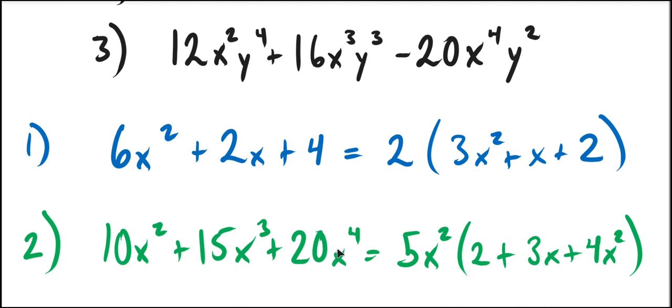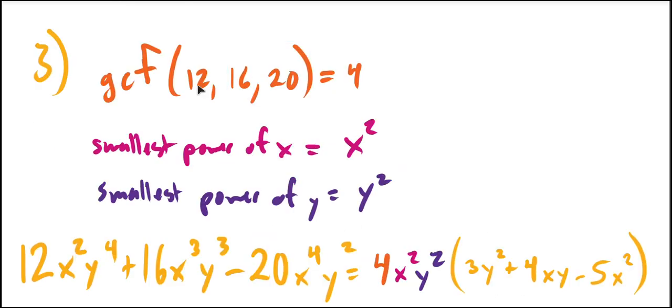So 10 divided by 5 is 2, and x squared divided by x squared is no x's. Just 1 goes here. Then 15 divided by 5 is 3, and x cubed divided by x squared is a single x. Lastly, 20 divided by 5 is 4, and x to the fourth divided by x squared is x squared. And we're done.